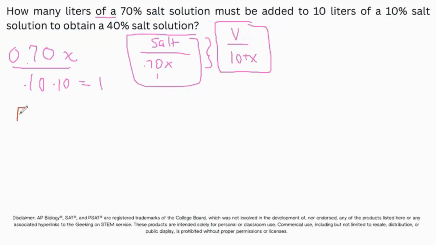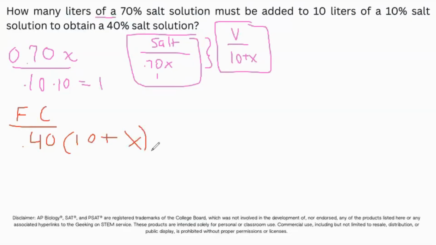So our final concentration is going to take a look at the 40%, right? So we have 40% salt and we're adding that together. Remember, salt is coming from the total volume. So essentially what we're saying is 0.40 of this volume that we have calculated, so 10 plus x.